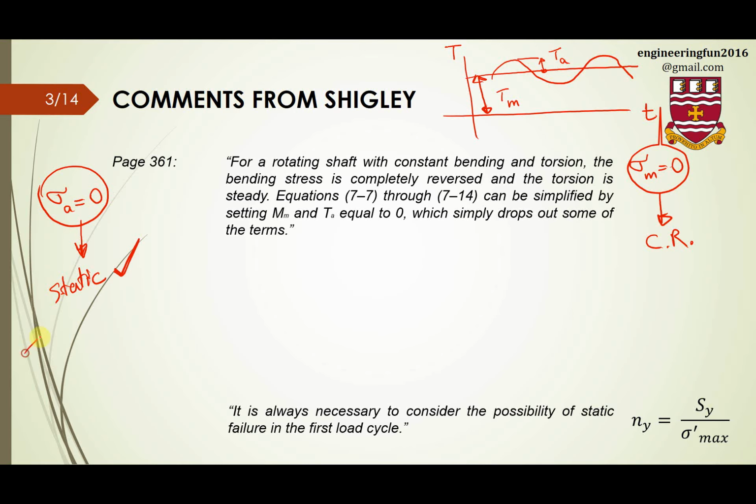So if torsion is constant, that means, for example, this is our torsion, and this is time. This means that Ta is 0. We are here.